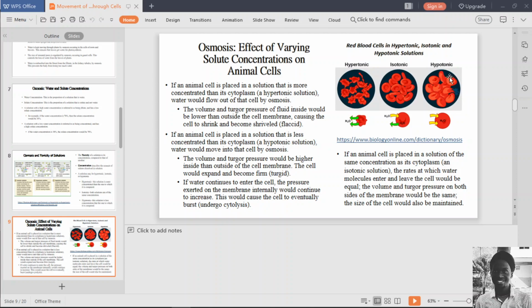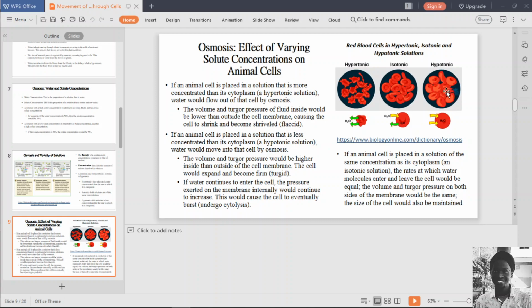These red blood cells were placed in a hypotonic solution, and because the concentration outside was lower than the concentration inside, there were more water molecules on the outside, so the water flowed from outside the cells to inside the cells, increasing the volume and pressure inside there, and since the cell membrane cannot withstand too much pressure, it would burst. Okay, and the cells would undergo cytolysis.